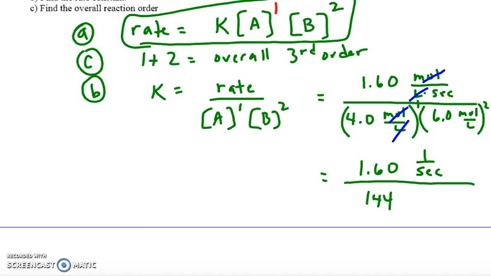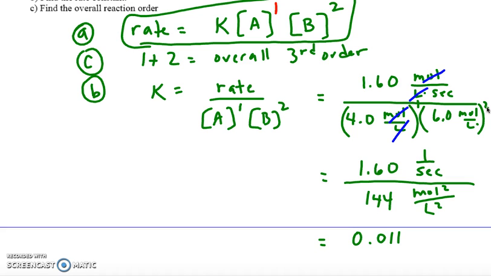So the numbers sort out to 144. We don't actually want to reduce that number down in terms of significant figures because it's an intermediate number. But we're going to see that it's going to have a mole squared divided by liter squared. And when we sort out 1.60 divided by 144, here's where we're going to limit us to 2 significant figures.